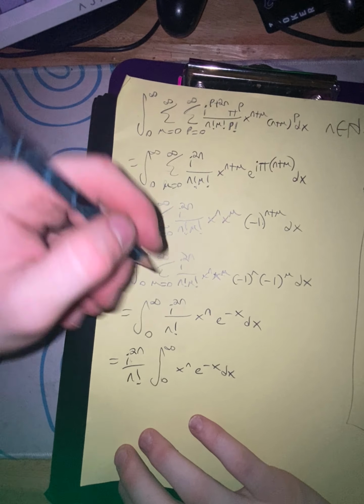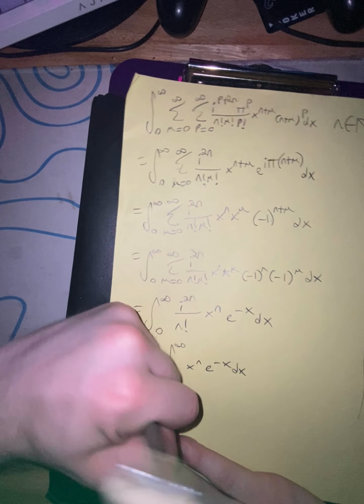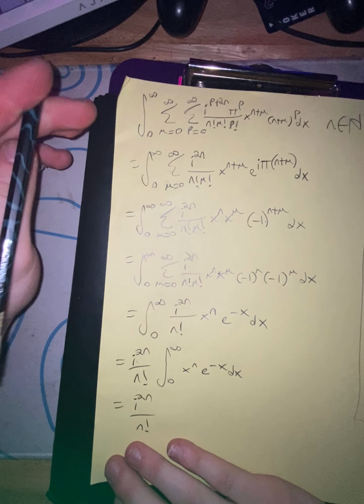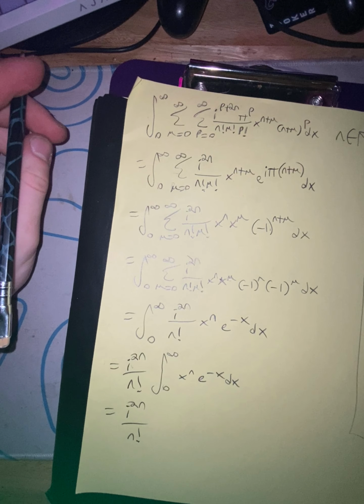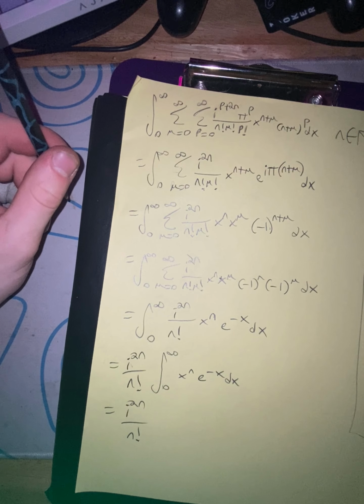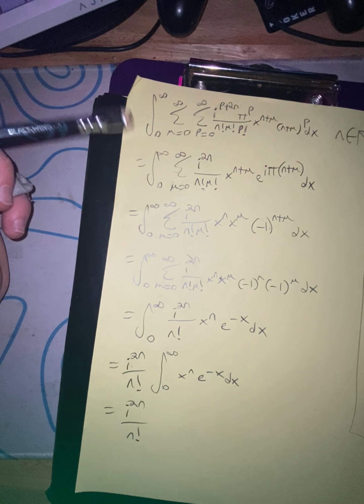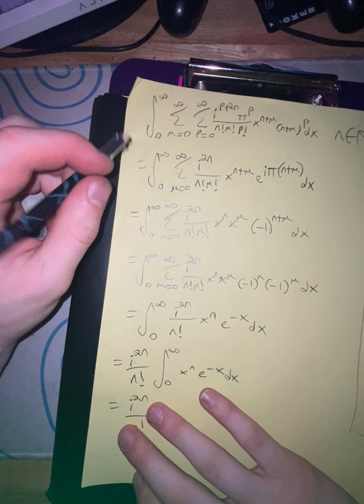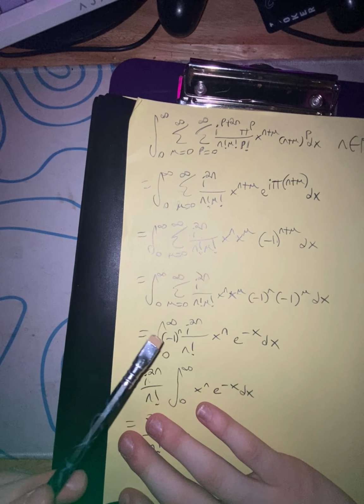So I will just say i to the 2n over n factorial times, whoopsies. Sorry guys, I left out a -1 to the n factor.